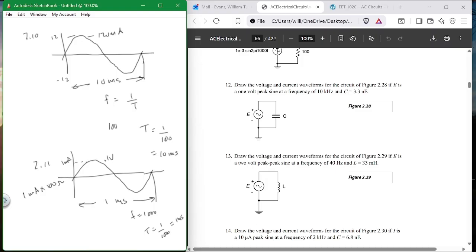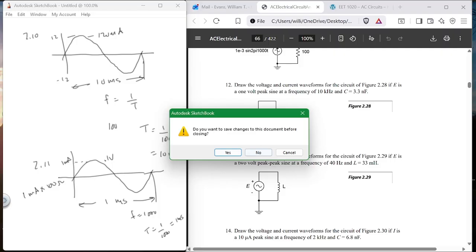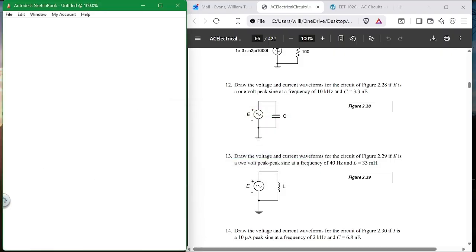All right, so what is in 12? Here is our sine wave. With 12, everybody follow this, 2.12.